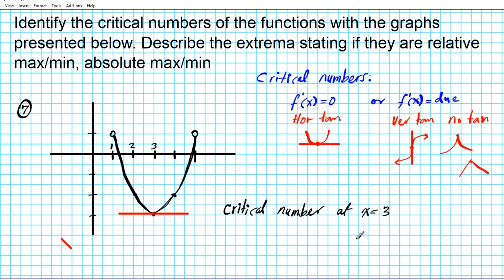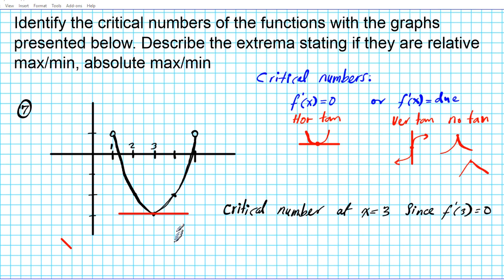Why is that a critical number? Let's justify our reason. This is since the derivative f prime of 3 is equal to 0, and that's one of the cases where you have a critical number. F prime of 3 equals 0.